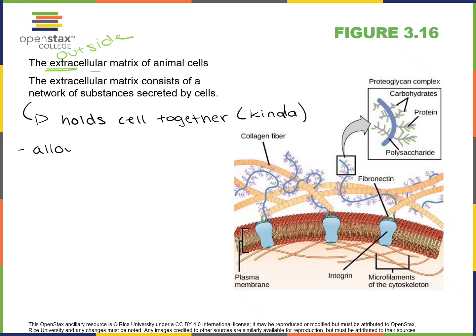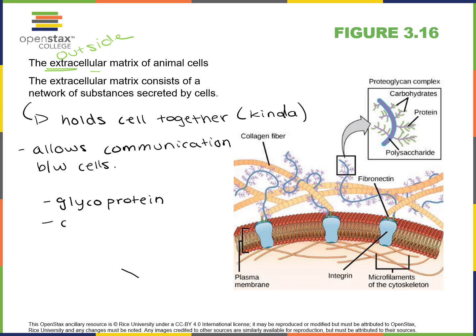So all of the things that get secreted by that extracellular matrix, those glycoproteins, those collagen molecules, all of that stuff is used to signal to other cells. Glycoproteins are used, I'm not going to be that broad, but glycoproteins can be signaling proteins. Things like that.